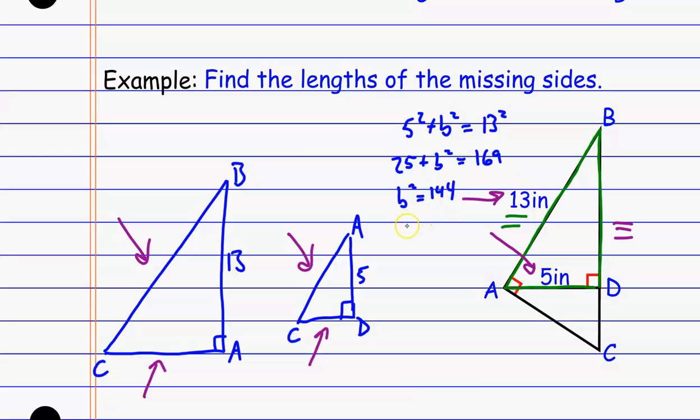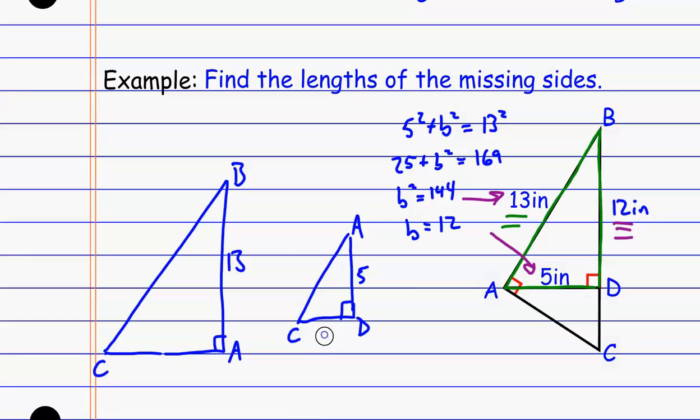And now I take the square root of each side and find out that b equals 12. Technically, b equals plus or minus 12, but we toss the negative because I'm dealing with the side length of a triangle. So now I know that this is 12 inches. And knowing that piece of information, that's BD, which I don't have in any of the other triangles, but that gives me the longer side here. So now I have things that I can compare with.